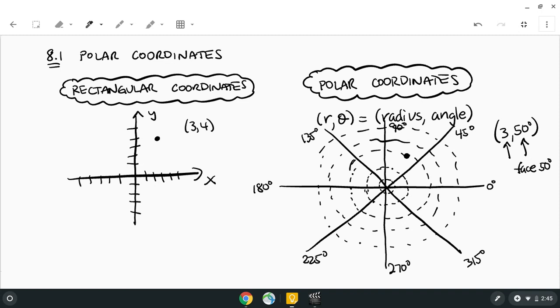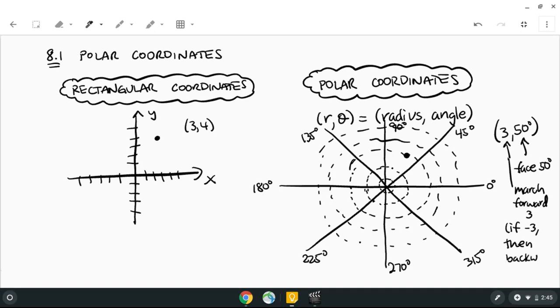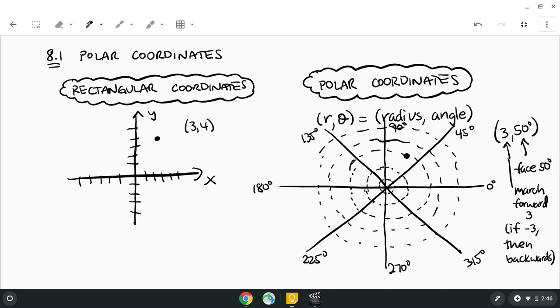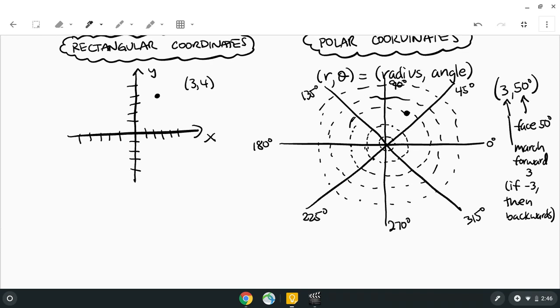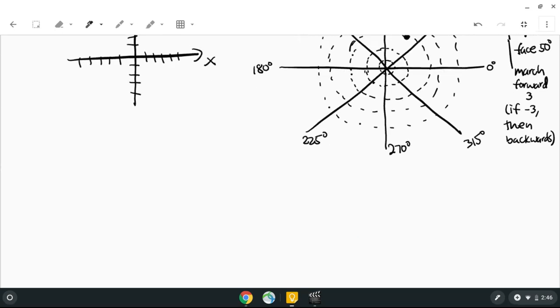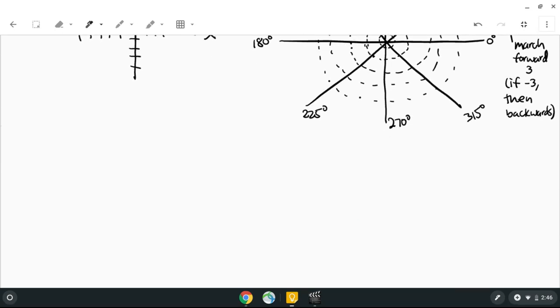And this 3 is like march forward. If negative 3, then march backwards. Okay. So this is what we're dealing with now. We're dealing with polar coordinates, where you're given a radius r and an angle theta.